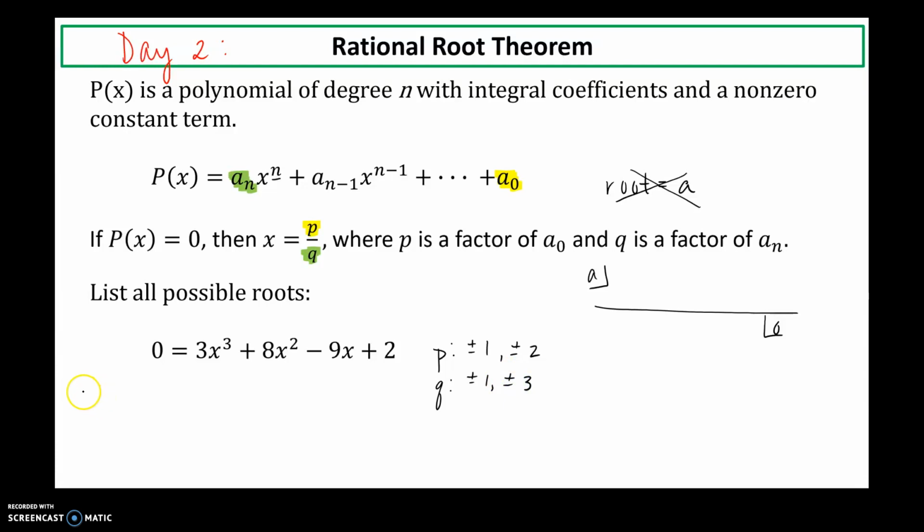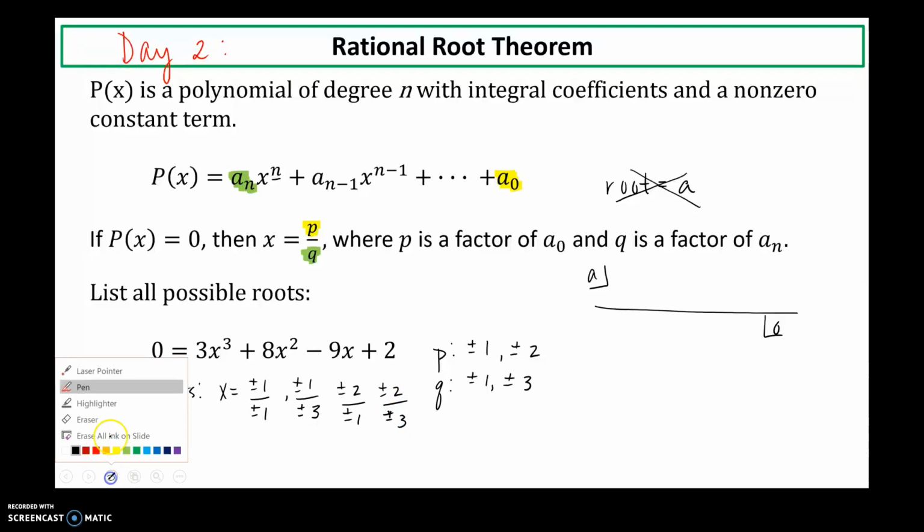So then your possible roots are the ratio of each of these possible combinations. So x can be plus or minus 1 over plus or minus 1, plus or minus 1 over plus or minus 3, plus or minus 2 over plus or minus 1, plus or minus 2 over plus or minus 3.